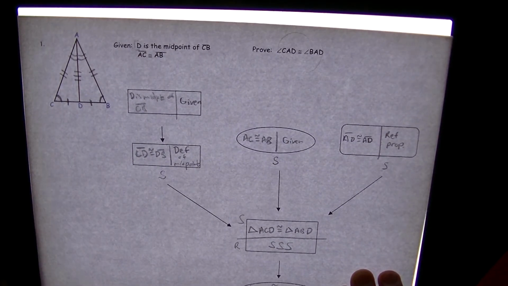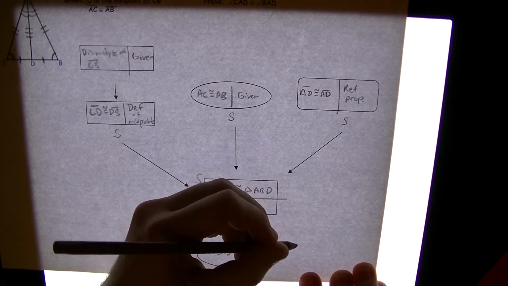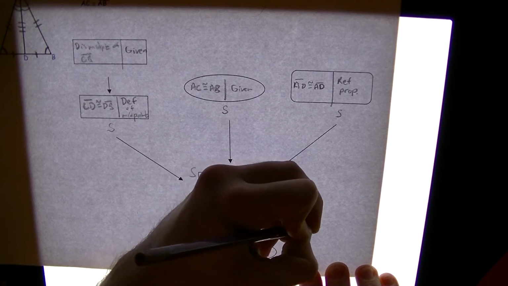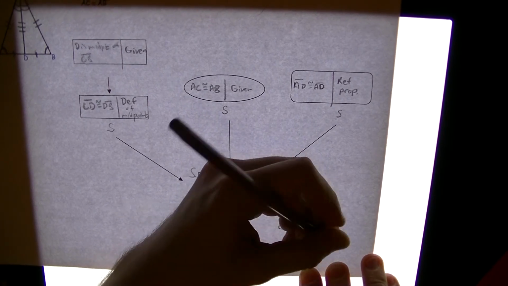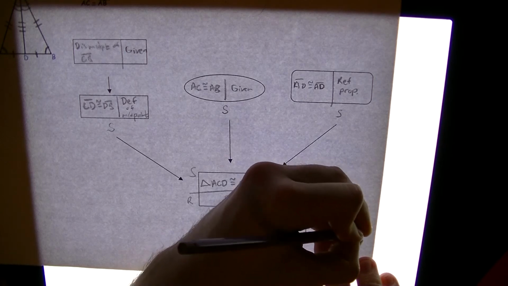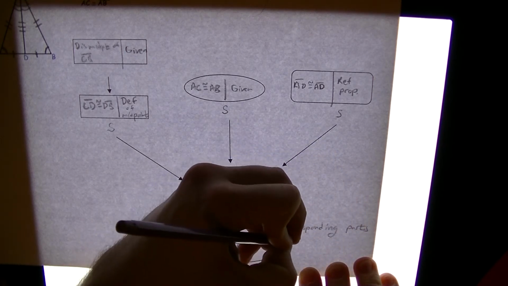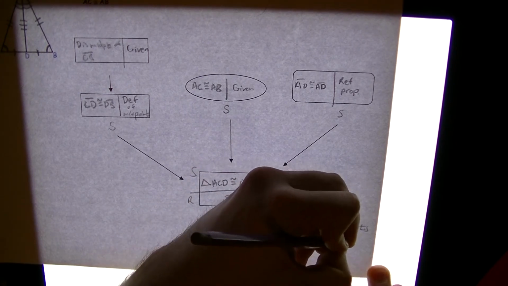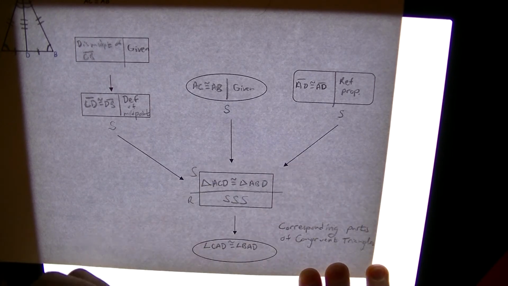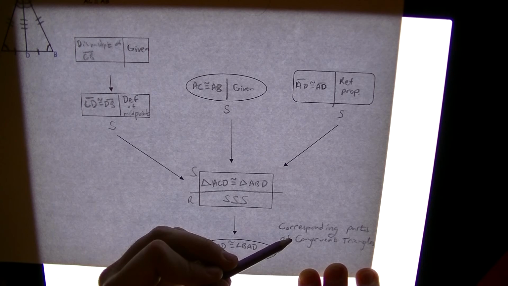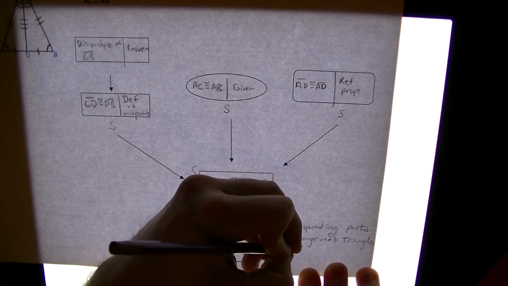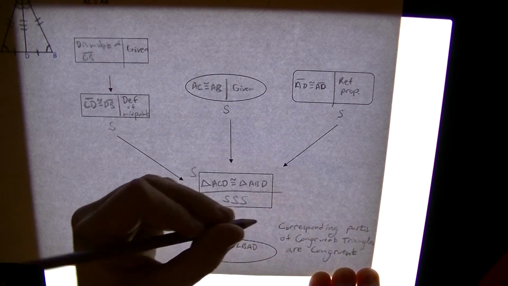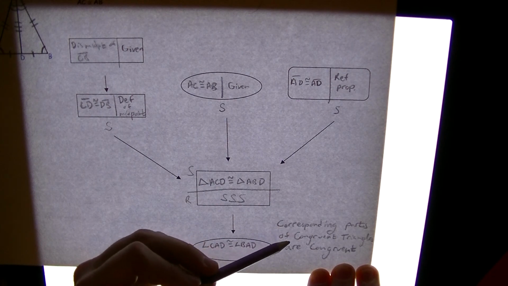And the reason that is, and this is our full, big sentence here, the corresponding parts of congruent triangles are congruent. Oof. The corresponding parts of two congruent triangles are congruent.